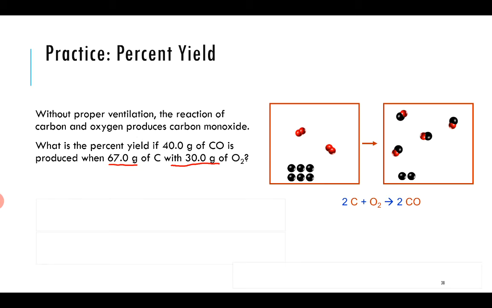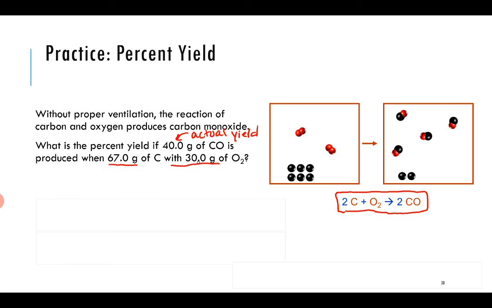Go ahead and pause the video and try to work it out. The balanced chemical equation is given on the right. Okay, you think you have an answer? Let's compare. We are told an amount of a product that was made in grams, and so that's our actual yield.